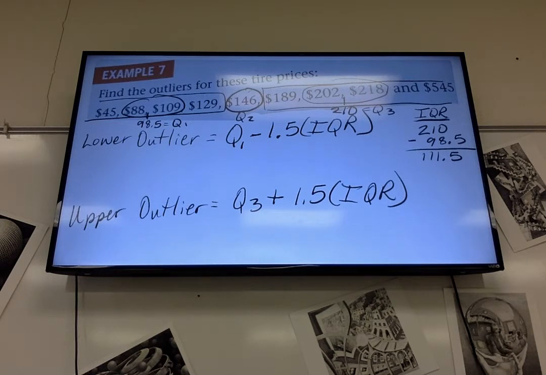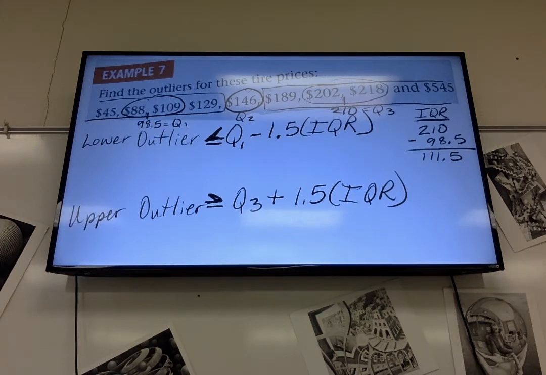So lower outliers are technically any numbers that are less than or equal to these. And upper outliers are greater than or equal to that.